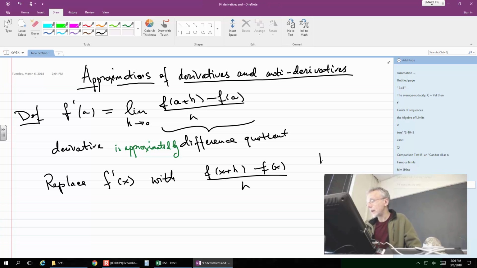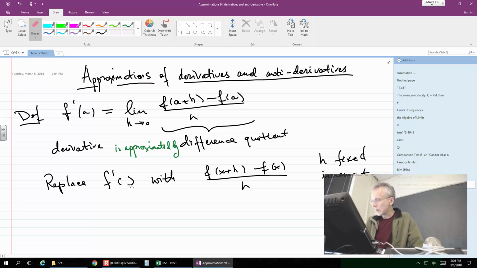Here h is fixed, and it is our increment of x. Actually, let me put t there so we wouldn't be traveling too far. So replace the derivative with a difference quotient as its approximation.